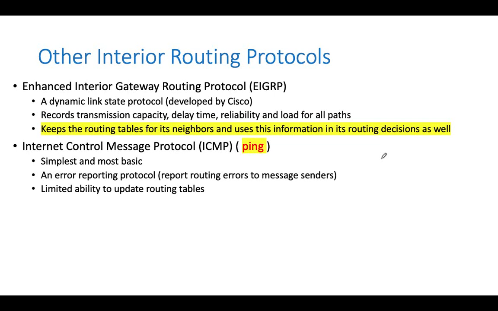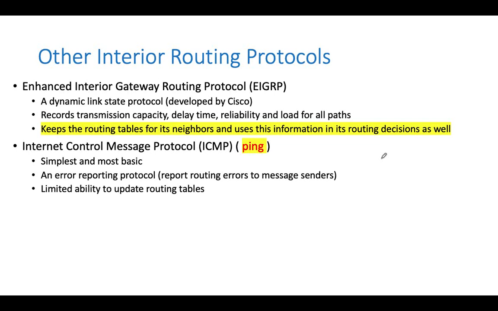This one usually keeps the routing table of the neighbor and uses the information to make a decision. What does that mean exactly? You can say it has an overview of the neighbors' tables as well. When you are in a router, you can see what is in the other routers, your neighbors, and it actually focuses on the neighbors.